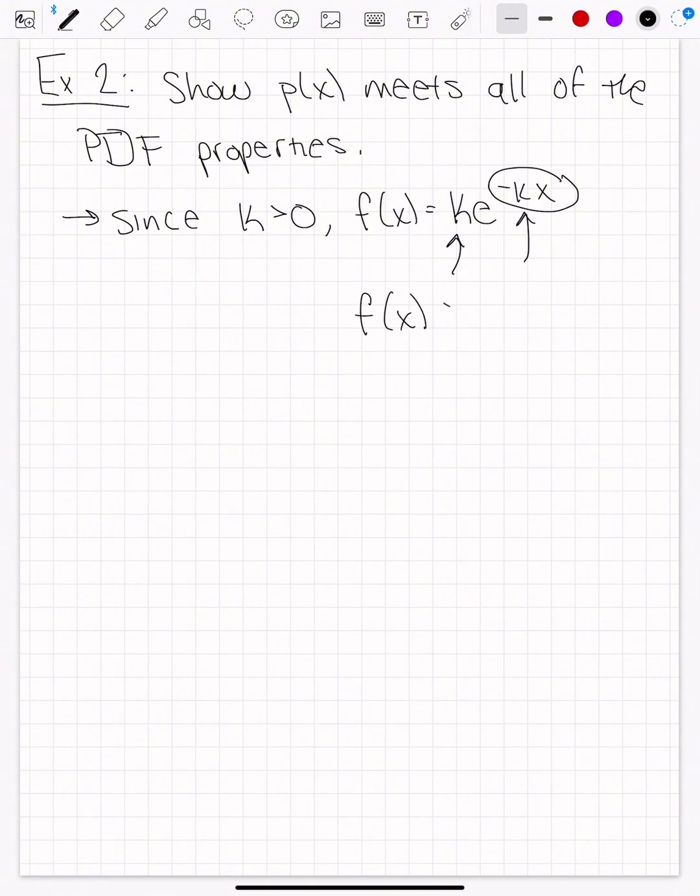And since they tell you that k is greater than 0, then you know that f of x, since it's equal to k e to the negative kx, you know that this is positive, and then you know this is positive, right? And the exponent being negative is not going to make the whole entire number be negative. So you know that f of x is also positive. And also use the hint from the last exercise.